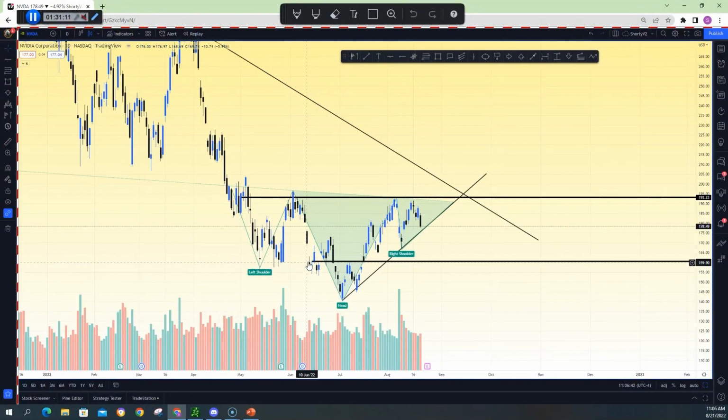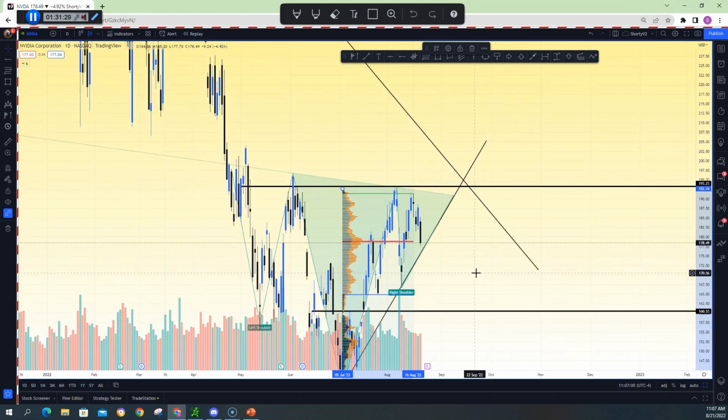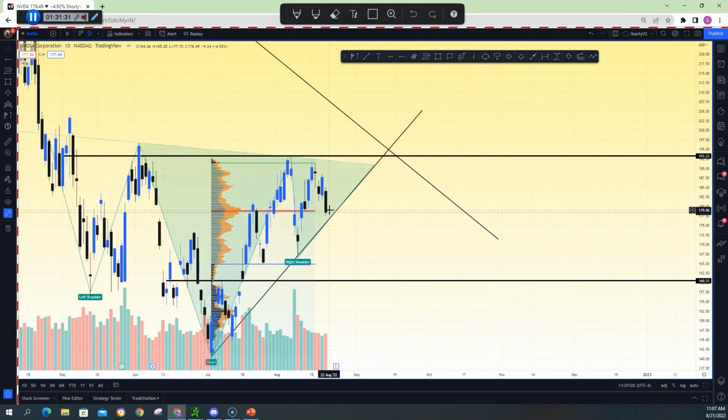And you see here rejection, popped over it, acted as resistance. So now, if you're able to break that, losing that trend line sends it to 160. And you can confirm this. Let's grab all the way to here. So we are right close to losing that right now.